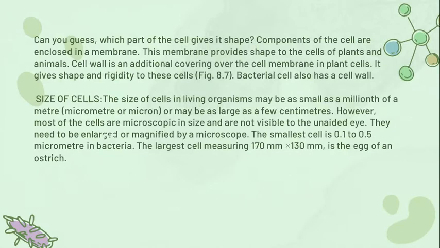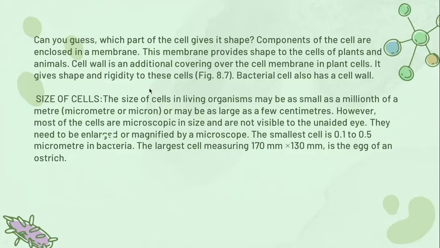Next, can you guess which part of the cell gives its shape? The components of the cell are enclosed in a membrane. This membrane provides shape to the cells of plants and animals. The membrane is the outer boundary of the cell. The cell wall is an additional covering over the cell membrane in plant cells.